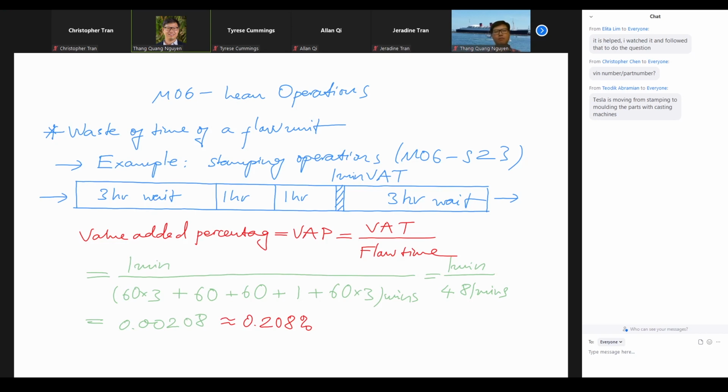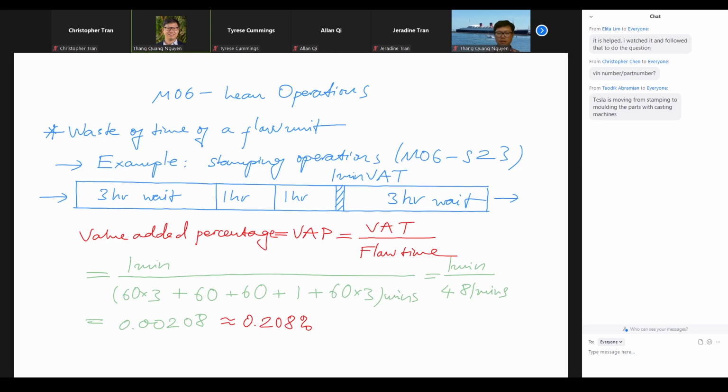a lot. Here we talk about multiple activities along the assembly line. So if we can cut down the wait time at each activity, then we already cut out a lot of wait time during the production process. So in an assembly line, like a modern car factory, we would see a very high value added percentage because they try hard to cut down the wait time.